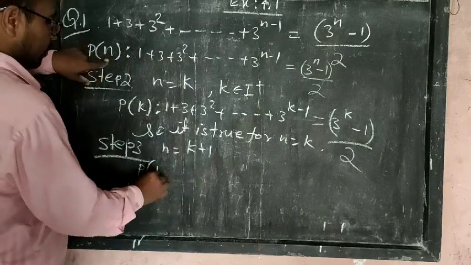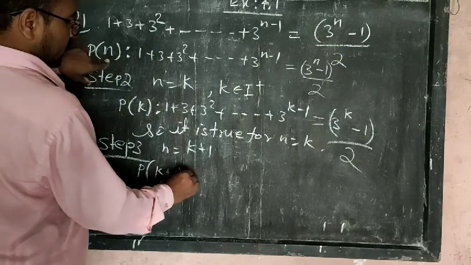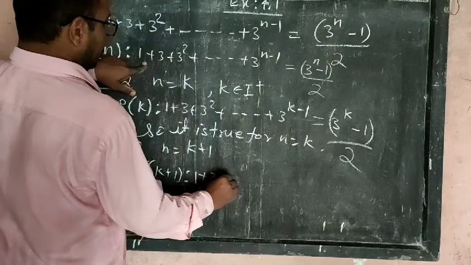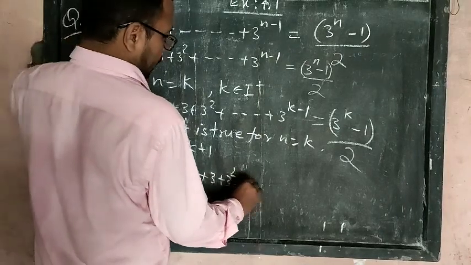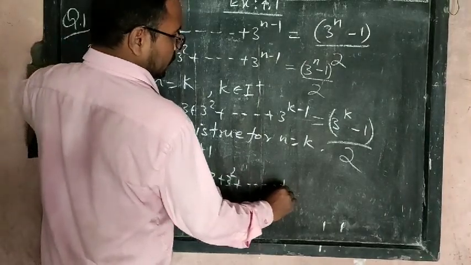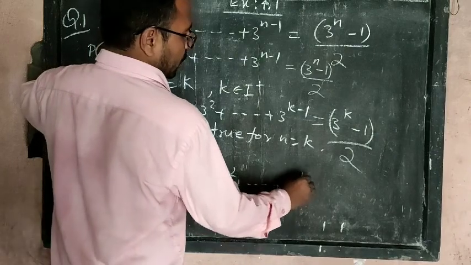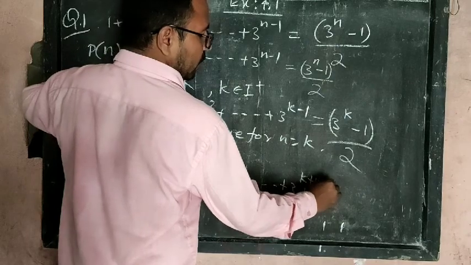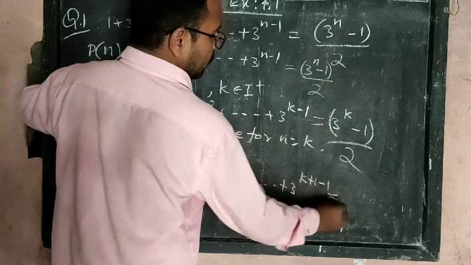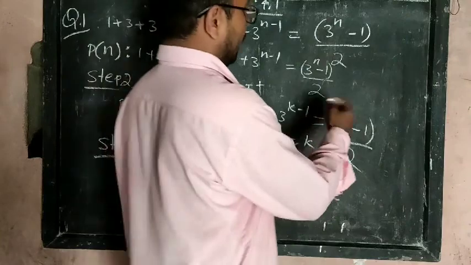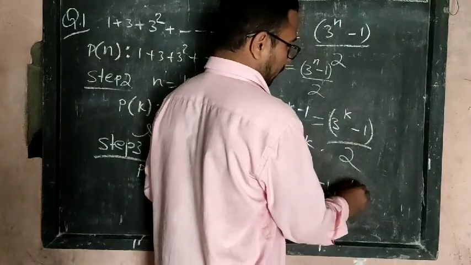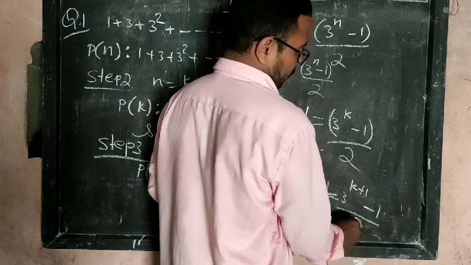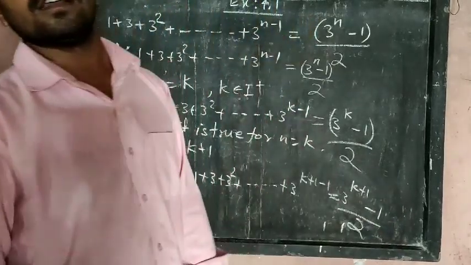So P k plus 1 such that 1 plus 3 plus 3 square plus up to 3 to the power k plus 1 minus 1 is equal to 3 to the power k plus 1 minus 1 by 2.